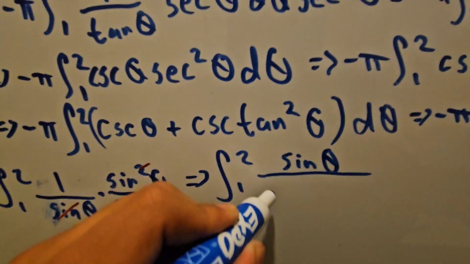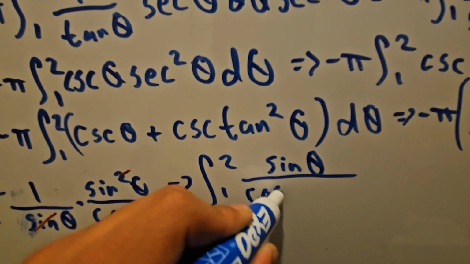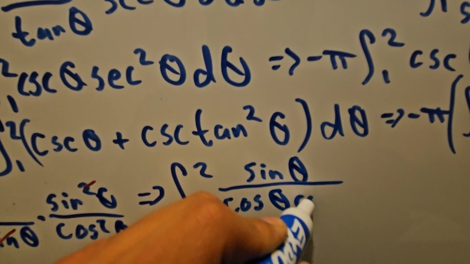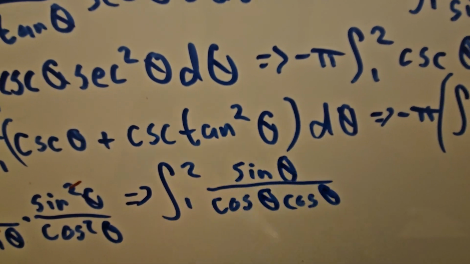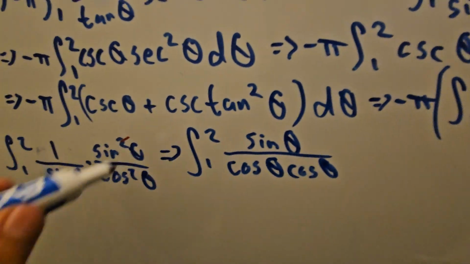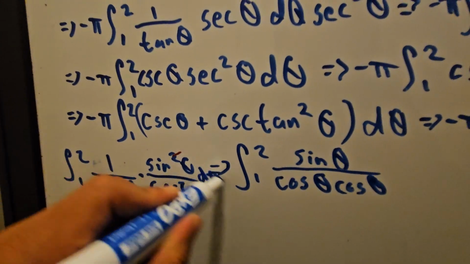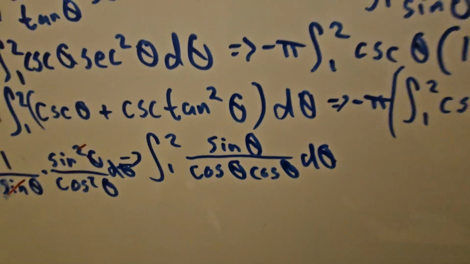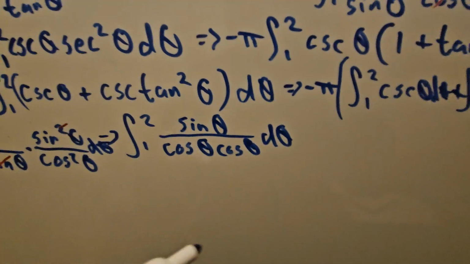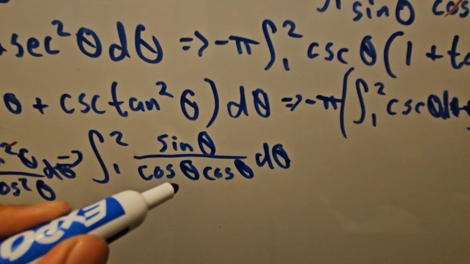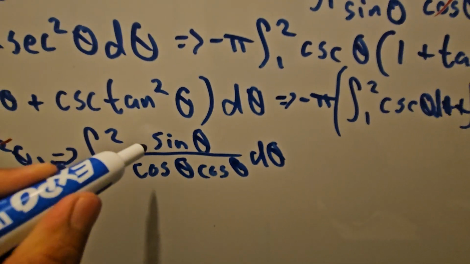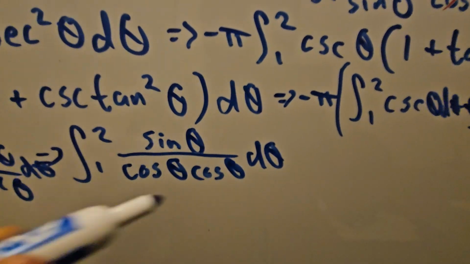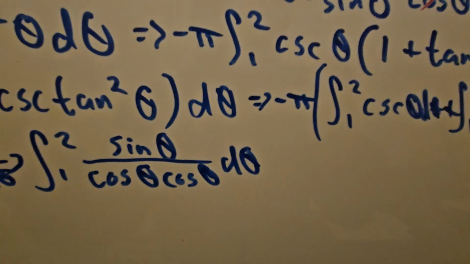This can be rewritten as sine theta over cosine theta times 1 over cosine theta d theta. Oh, I forgot the d theta, sorry about that. So this can be rewritten: sine over cosine, that's tangent; 1 over cosine, that's secant.